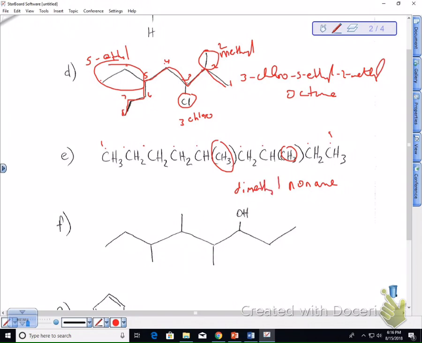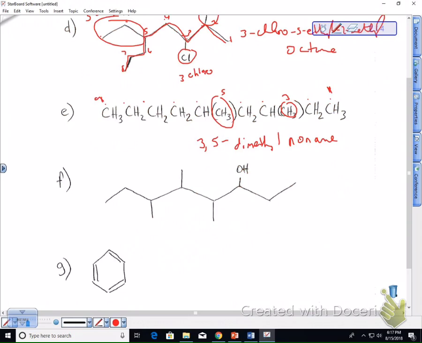And then we just need to say where they are. We can name it 1 through 9 left to right, or 1 through 9 right to left, and we can see right away that the smaller numbers are going to be right to left. So this is going to be on carbon 3 and carbon 5. So this will be 3,5-dimethylnonane.